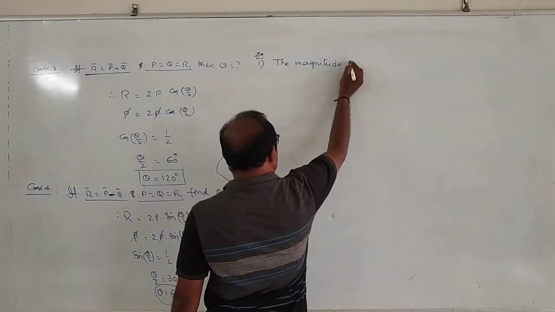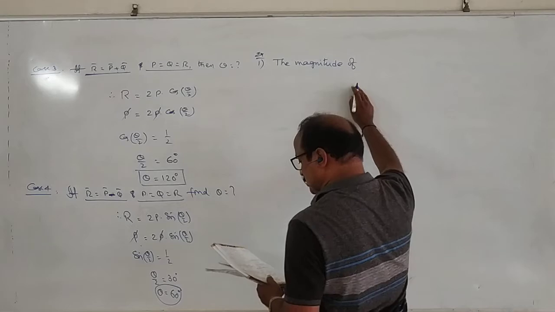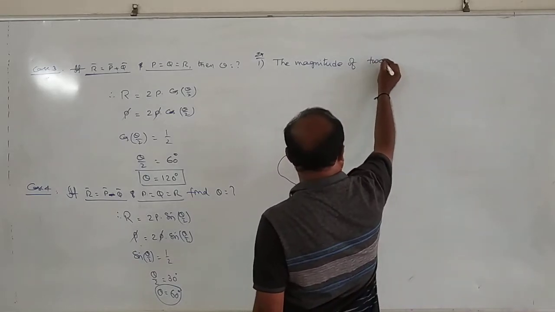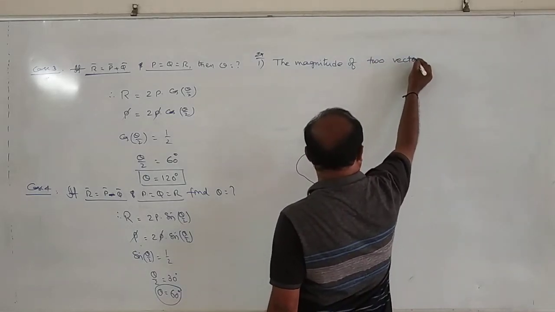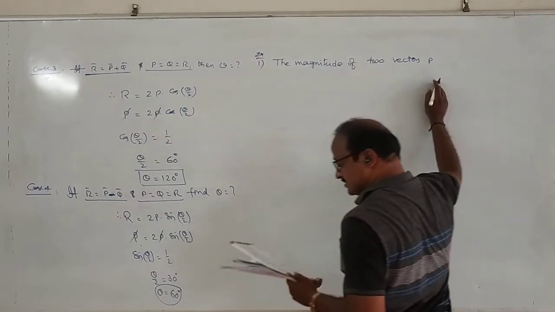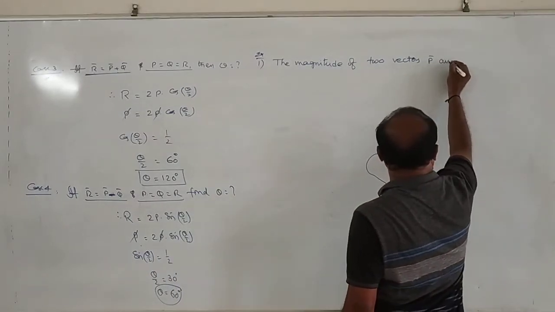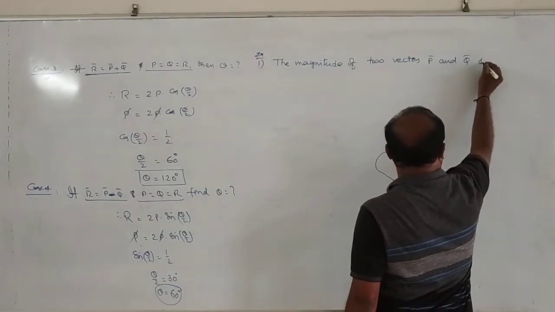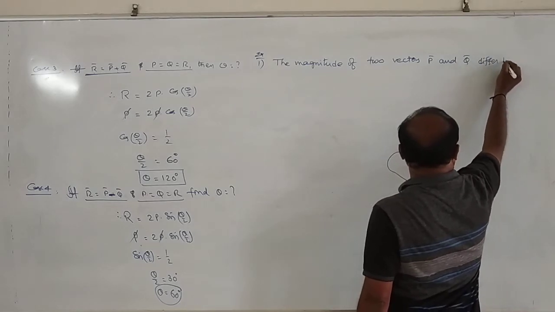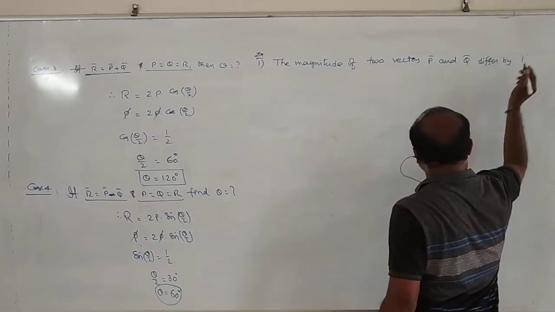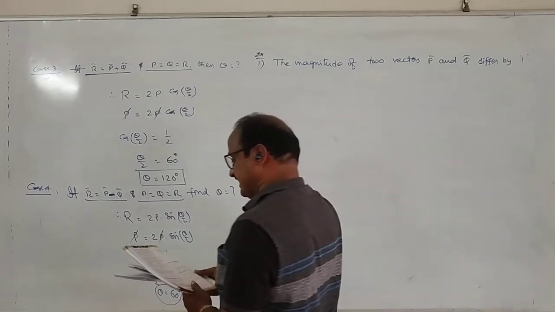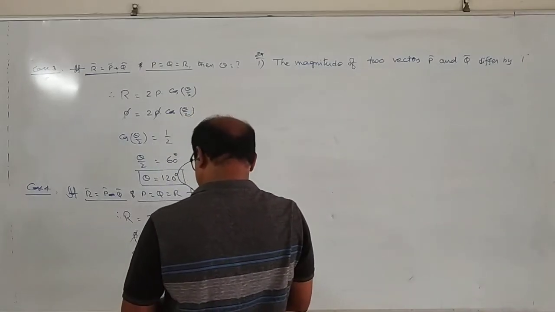The magnitudes of two vectors P bar and Q bar differ by 1.